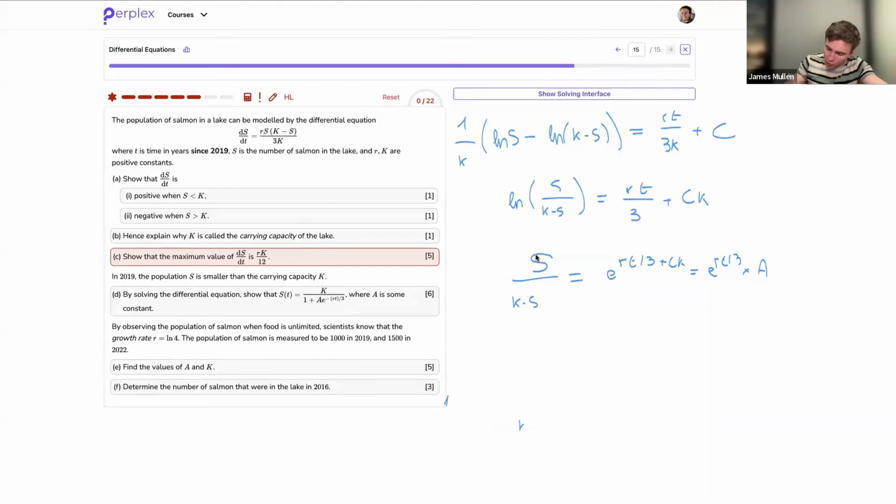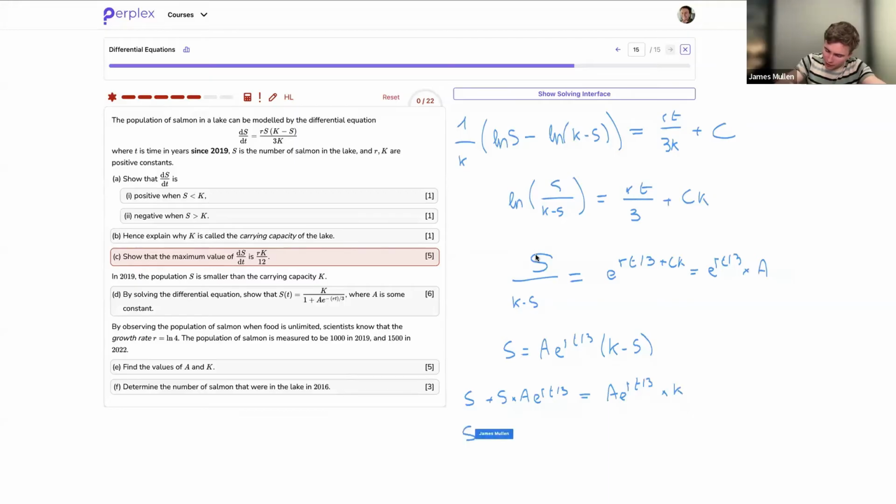All right, so what I'm going to do is multiply both sides by k minus s, and I'm going to get s is equal to a e to the rt over 3 times k minus s. Okay, so how many s's do I have? I'm going to have s and then plus s times a e to the rt over 3. And that is going to be equal to a e to the rt over 3 times k.